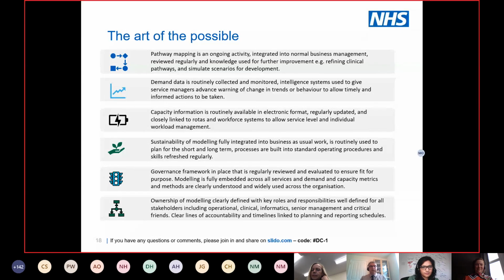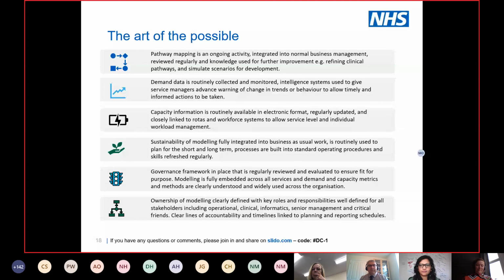So if we started with our pathway mapping, then that would become an ongoing activity that becomes integrated into your normal business management. It becomes reviewed regularly, and the knowledge used for further improvement, such as refining clinical pathways or using different scenarios for development.